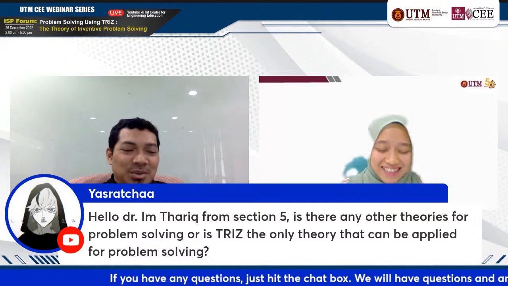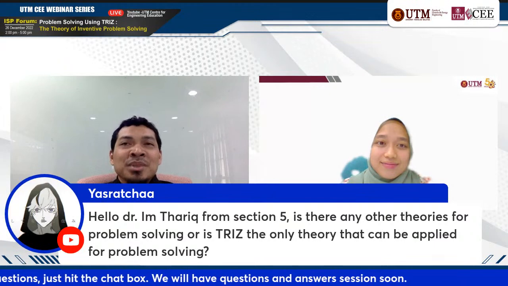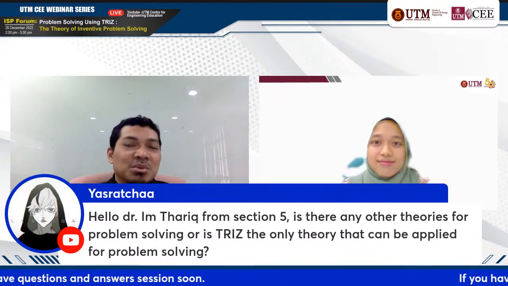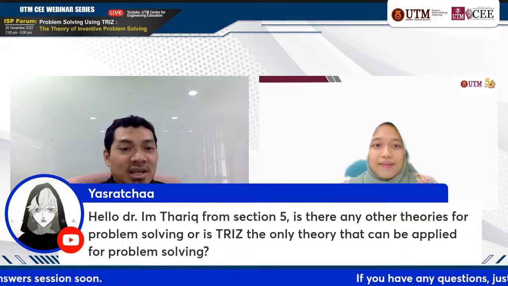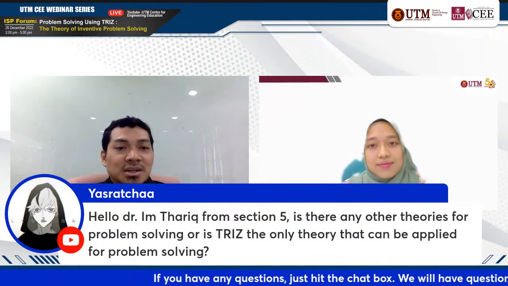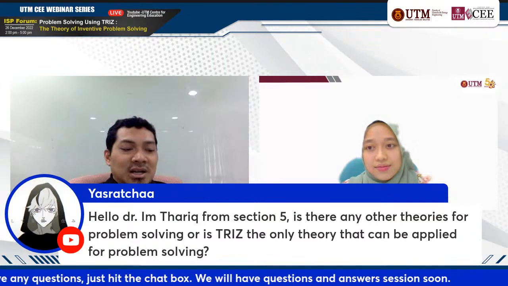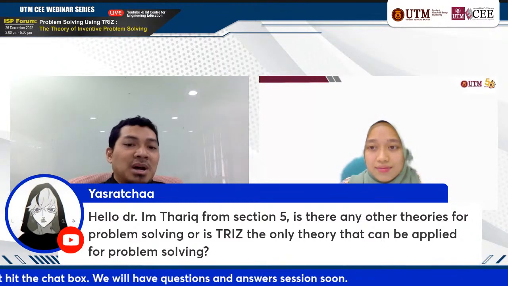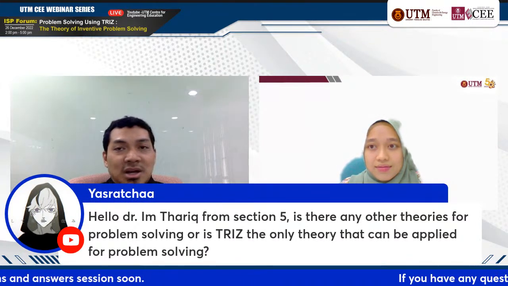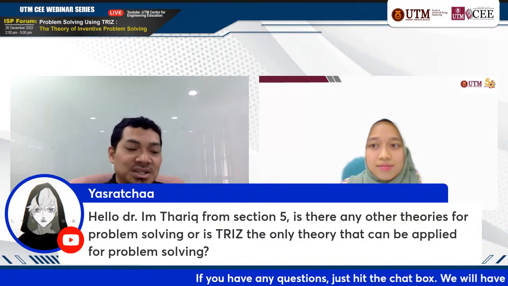Actually, we have a lot of problem solving tools, not just theories. We have design thinking, which focuses on human-centered problem solving. We have computational thinking, which focuses more on the IT context. The unique part of TRIZ is that it is able to solve technical problems, which is suitable for engineers.